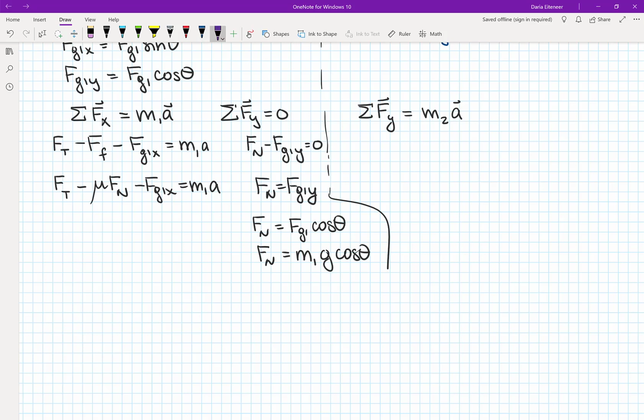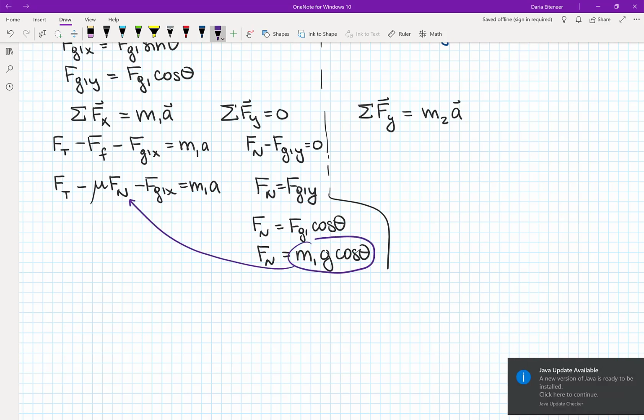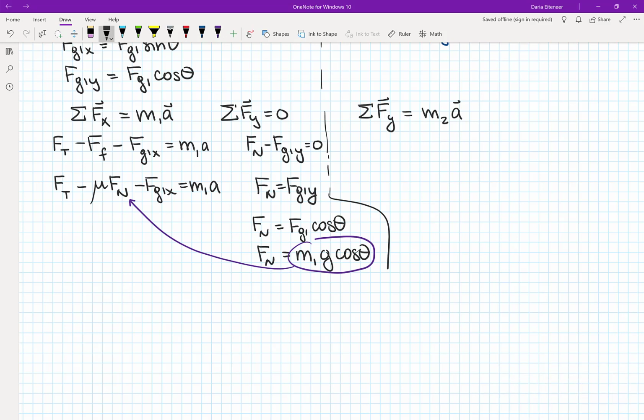I'm going to substitute this expression into here. And then, of course, I can also substitute the other expression for Fg1x. So this is where I am so far: Ft minus mu m1g cosine theta minus m1g sine theta equals m1a.